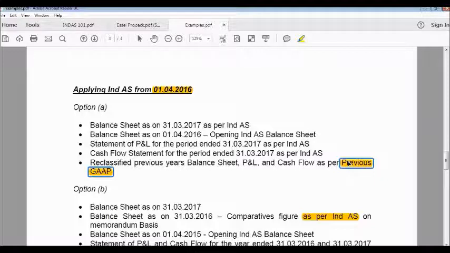Like for 31st March 2016, you have to just reclassify the previous year figures into the Ind AS format. So there are two balance sheets as per the Ind AS. First one is 31st March 2017, and then 1st April 2016, which is the date of transition to the Ind AS, and then one profit and loss, one cash flow statement, and then reclassifying previous year figures as per the previous GAAP. So this is the first option.